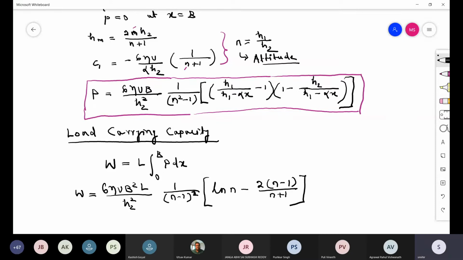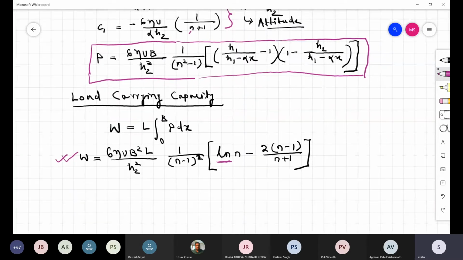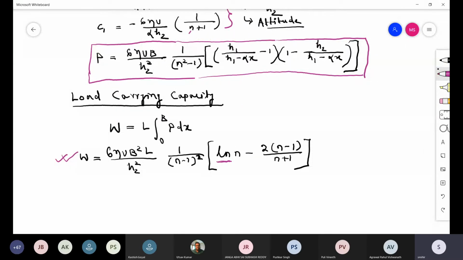Okay, so do you remember, this is ln n, ln of n. So this is the load carrying capacity that we'll find from this pressure. The next important parameter is finding the friction. Before finding the friction, you should find the shear stress.